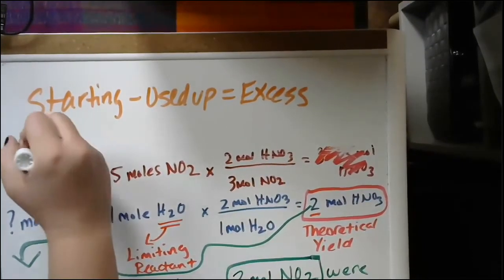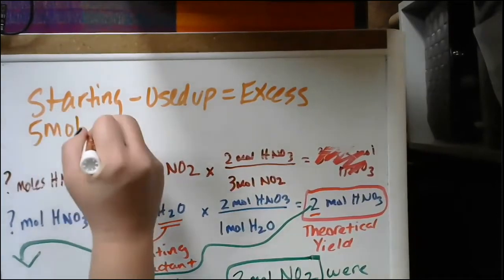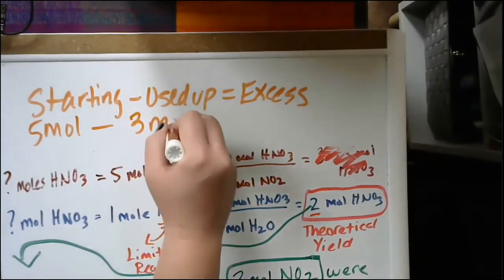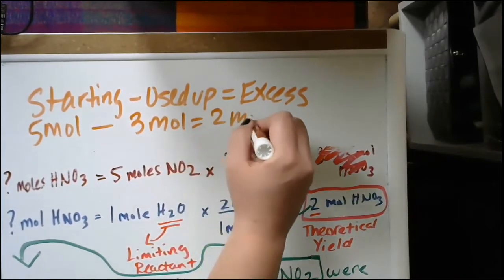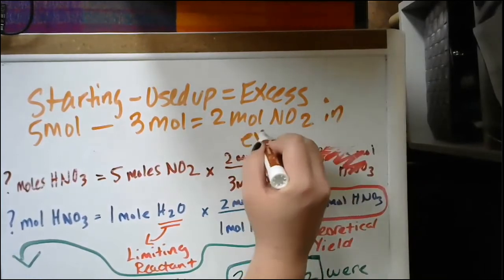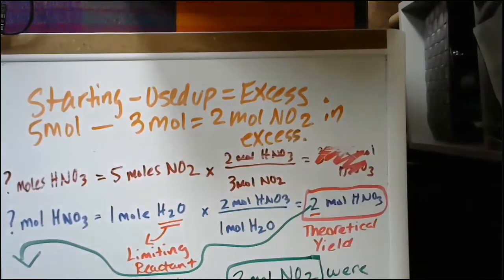Okay, so our starting amount was 5 moles. We used up 3 moles. That means we have 2 moles of NO2 in excess.